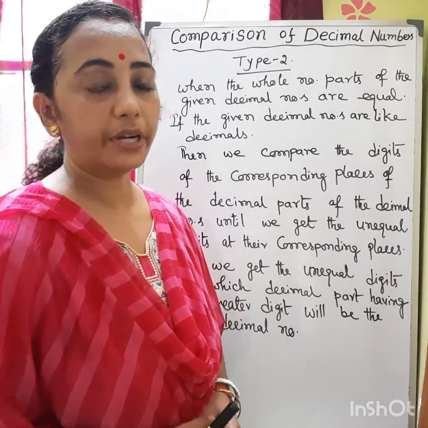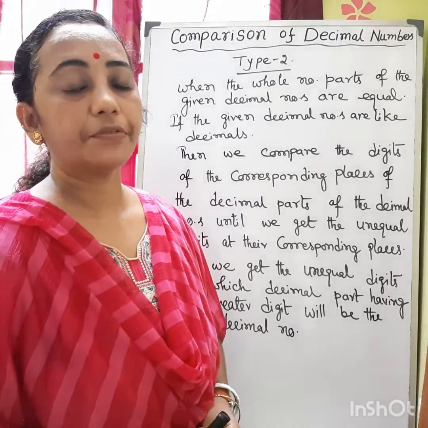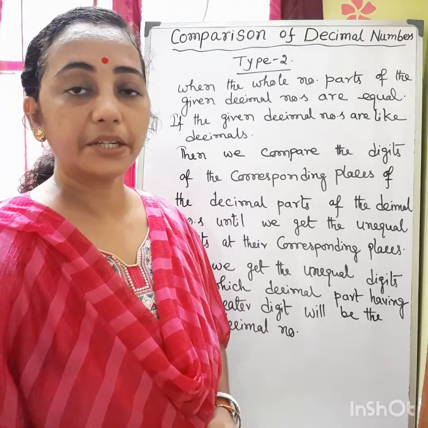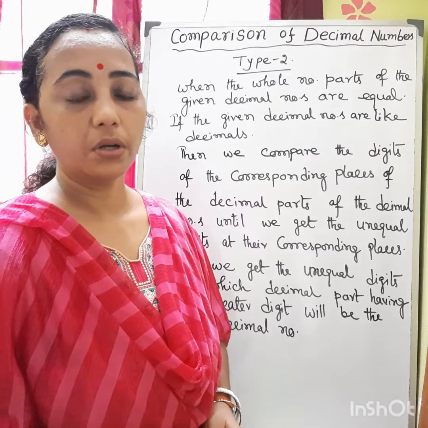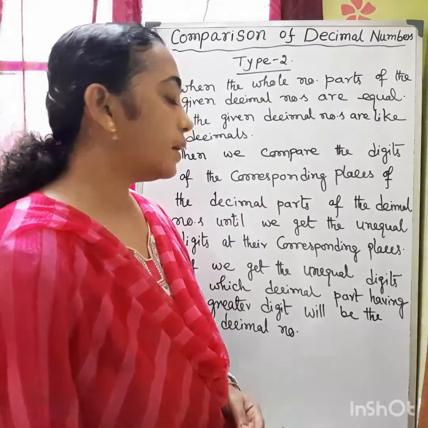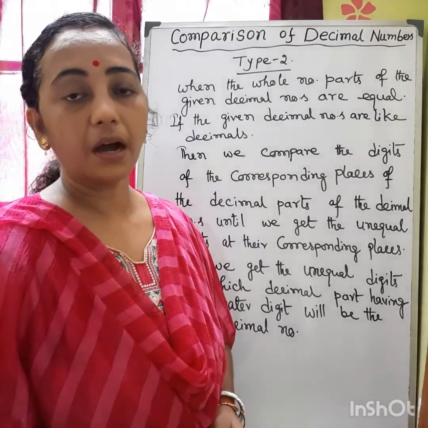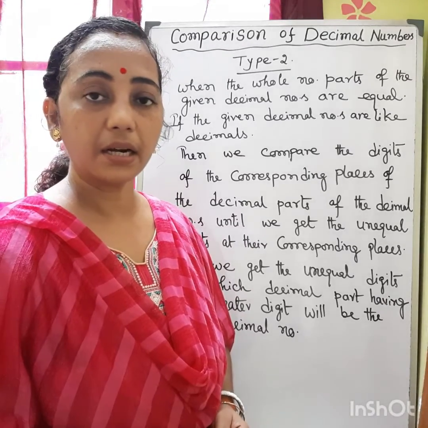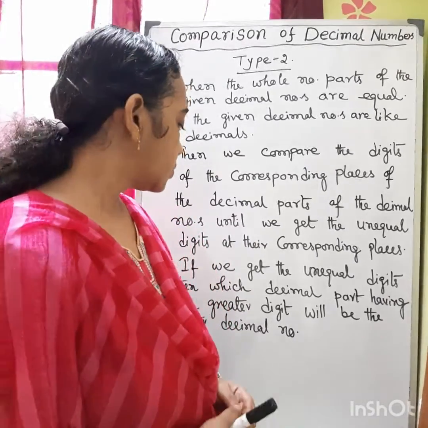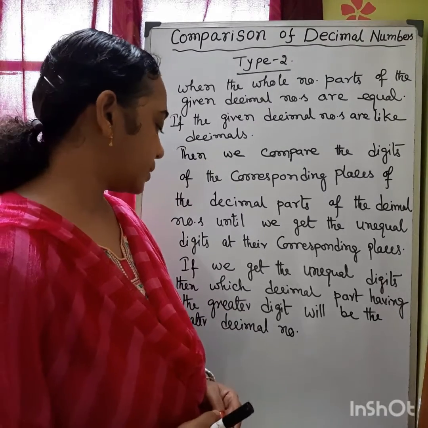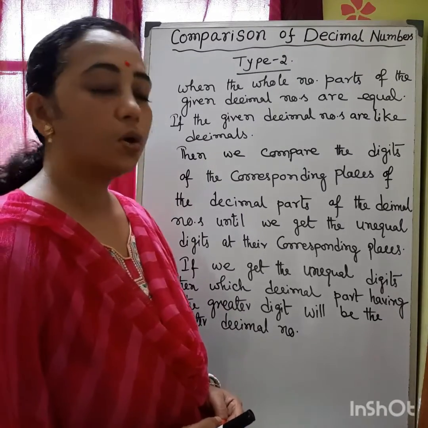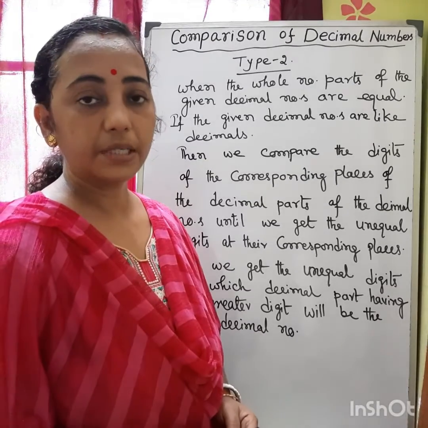If they are equal, then we compare the digits at the hundreds places and so on. We compare until we get unequal digits at the corresponding places. Then the decimal number having the greater digit will be the greater decimal number.